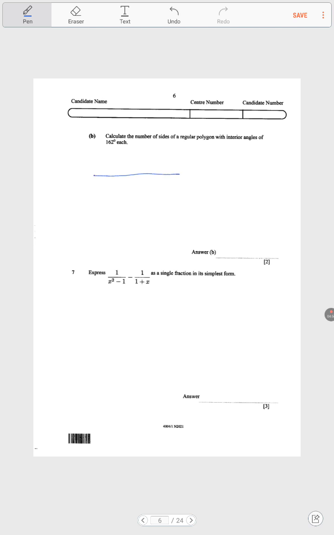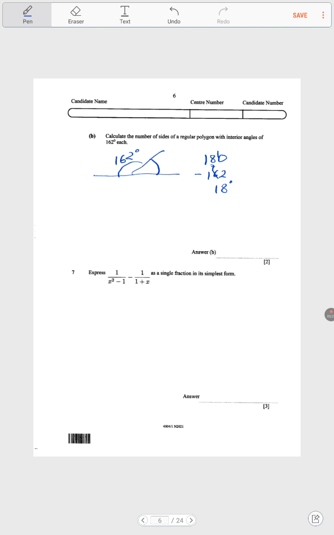If I write like this, and here I have an interior angle that is equal to 162 degrees, then I would need to find what the exterior angle is. So the exterior angle is going to be 180 minus 162, and here I'm going to get 8, here I'm going to get 1.